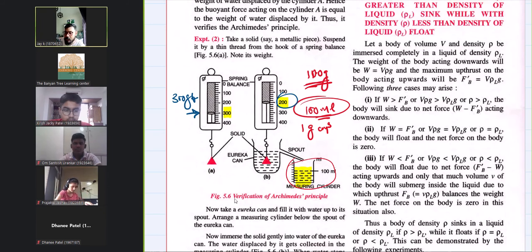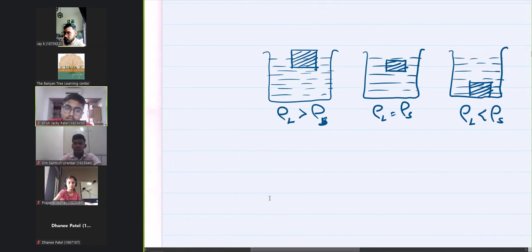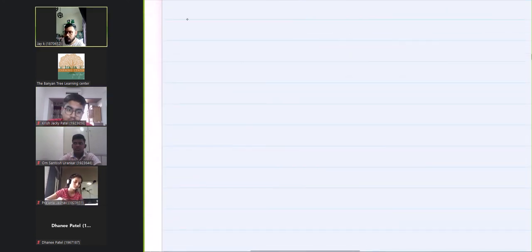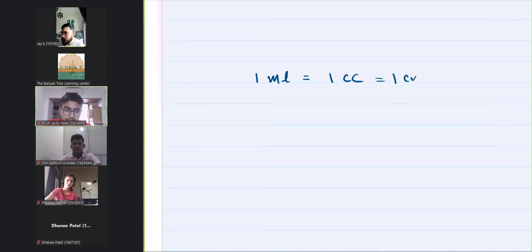यहाँ भी लिखा भी है verification of Archimedes principle. Milliliter equal to gram? Yeah, 1 ml is equal to 1 gram. You know why? You have studied it earlier, but I'll tell you why. 1 ml is equal to 1 cc, and 1 cc is 1 centimeter cube.